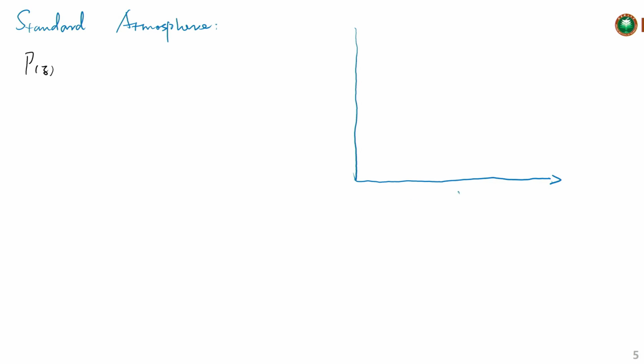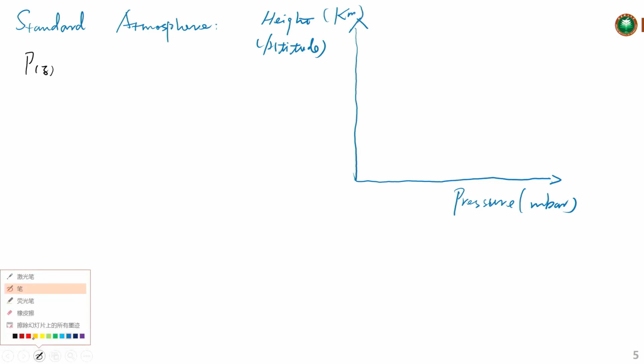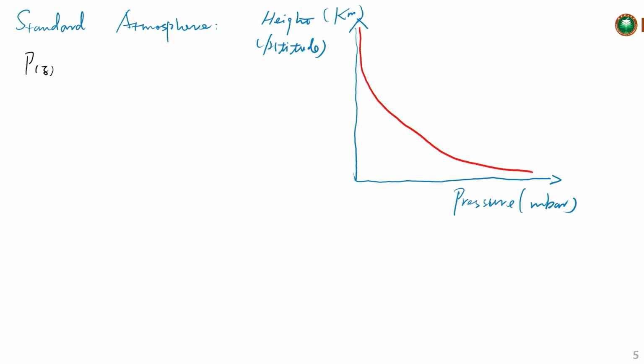So here is the pressure, in the unit of millibar. And here is the height or altitude, in kilometers. So the pressure decreases exponentially with respect to the altitude, like this one.